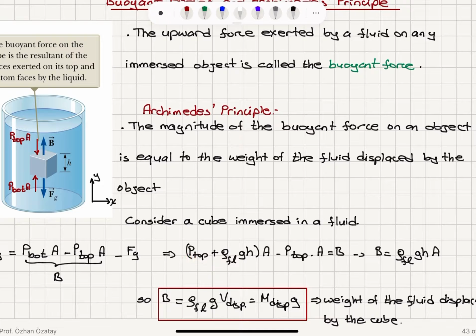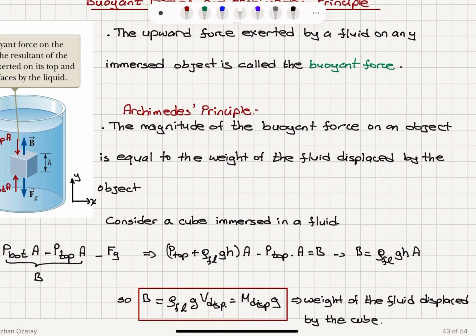And because the P top times A terms cancel, we see that the buoyant force is the density of the fluid, gravitational acceleration g, h times A. This h times A is the volume of this object. So the volume of the object multiplied by the density of the fluid would be the mass of the fluid that would normally be filling up the space, and multiplied by g, that is the weight of the fluid.